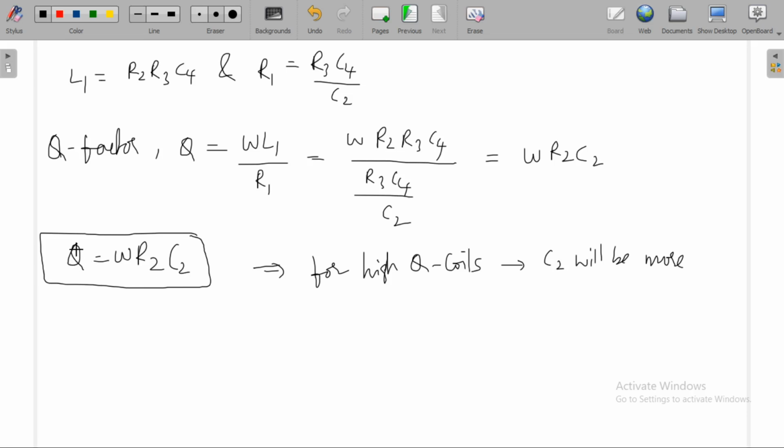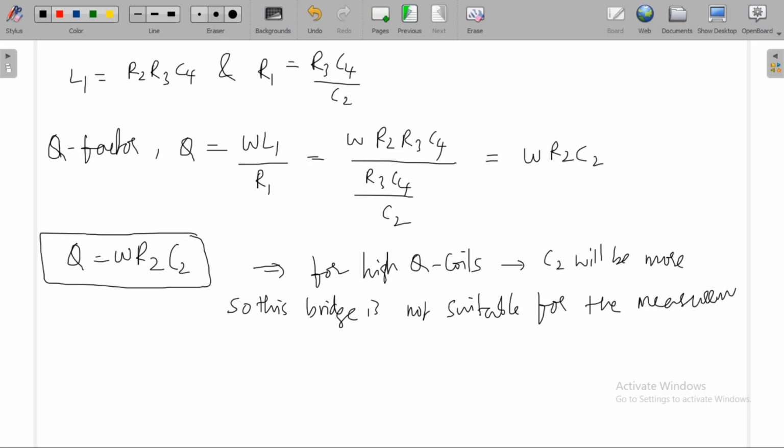So this bridge is not suitable for the measurement of high Q coils.